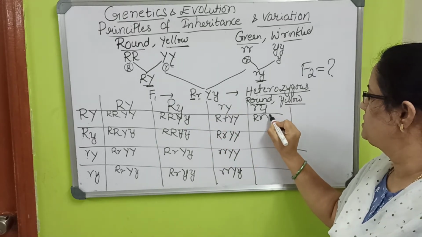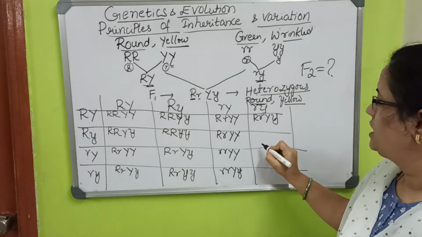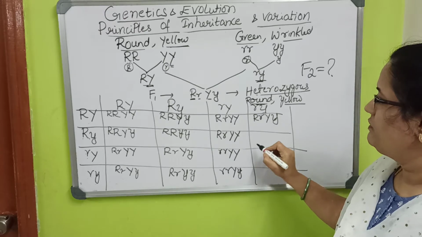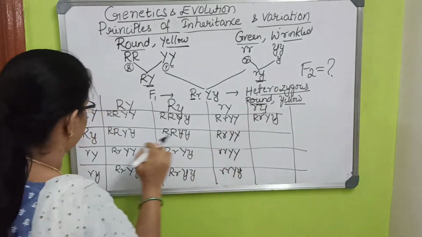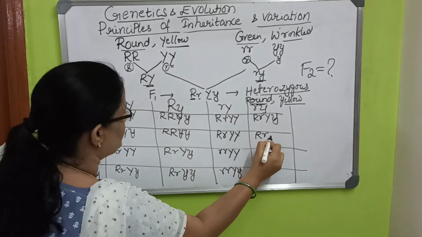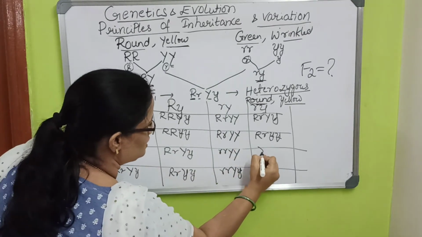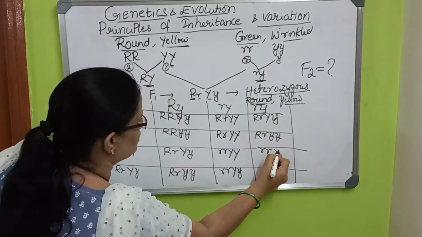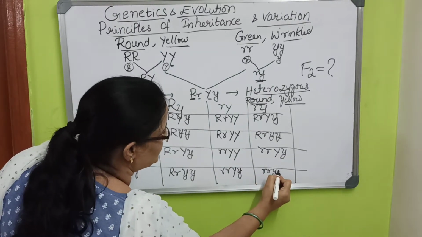So obviously the capital Y, what we have got there, like that only. Again, when they are doing this one with this and small r and small y's both. The next one we are going to do like this. The last one is the complete recessive.